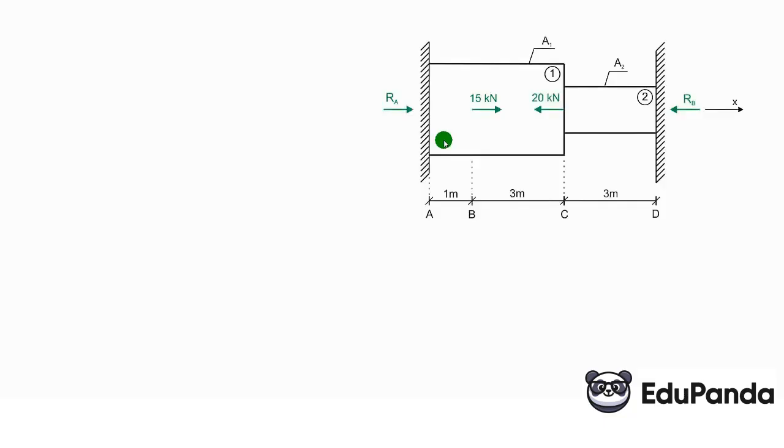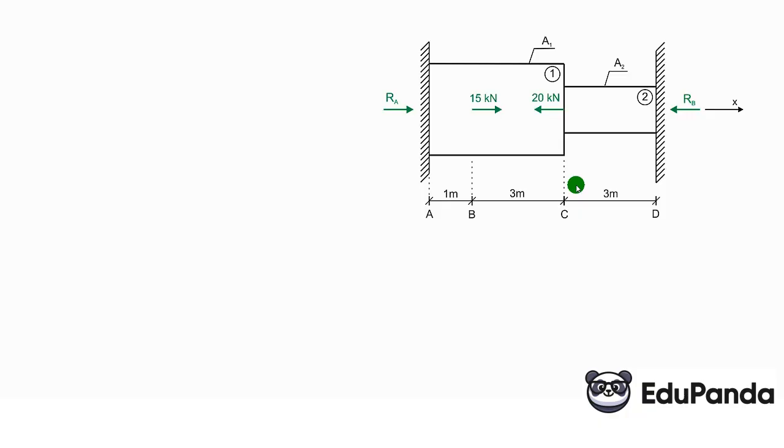So the task is statically indeterminate because we have only one effective equation of static equilibrium available, which is the sum of the projections of forces along the x-axis, and we have 2 unknowns. We have an unknown reaction in one support and another support. The sum of moments doesn't help us, the sum of projections on the y-axis doesn't help us either.